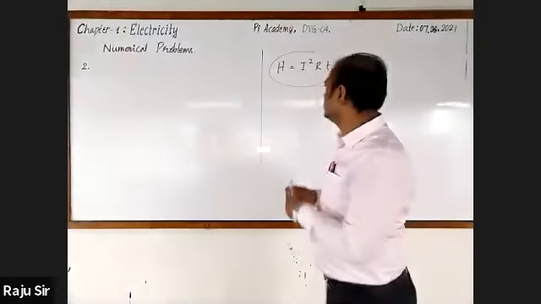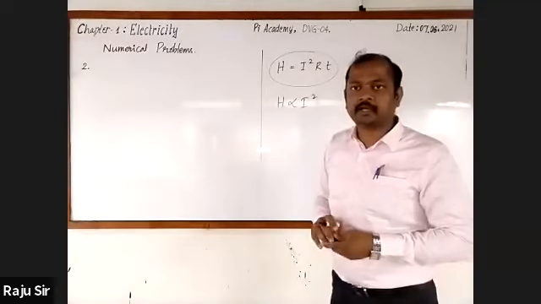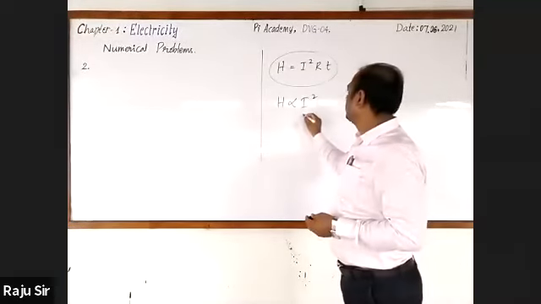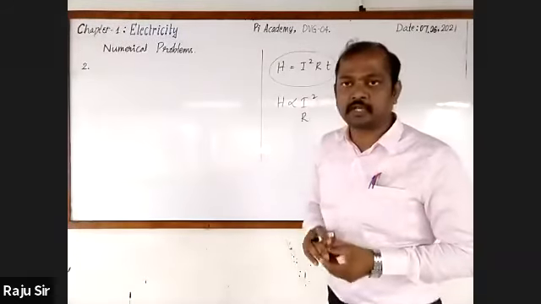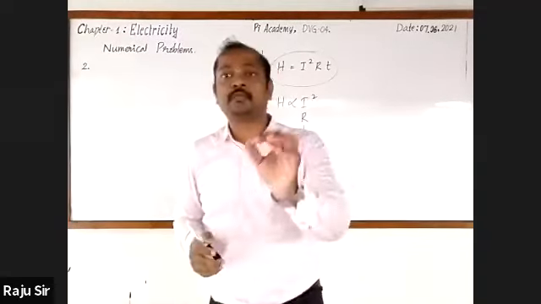This heat energy is directly proportional to square of the current, electric resistance of the circuit, and time for which electric current flows.